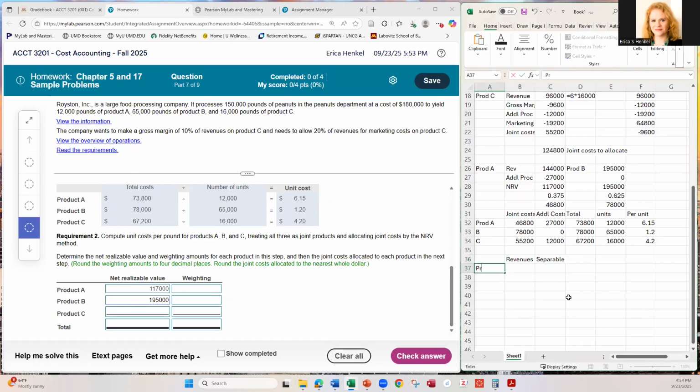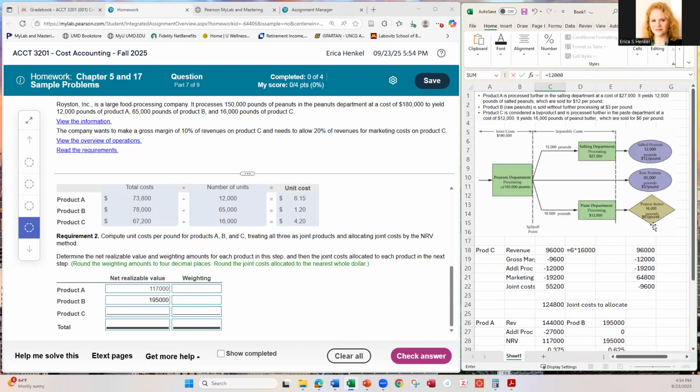So for product C, we had revenues that we came up with of 96,000 above. Now, we're ignoring joint costs here. We've got 12,000 in additional processing, right?